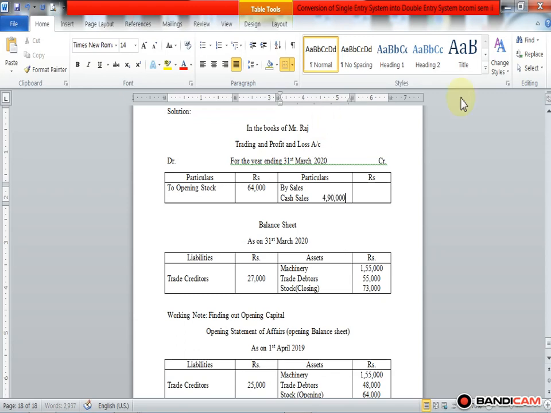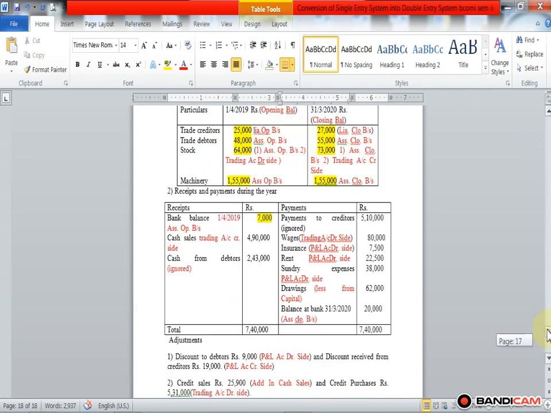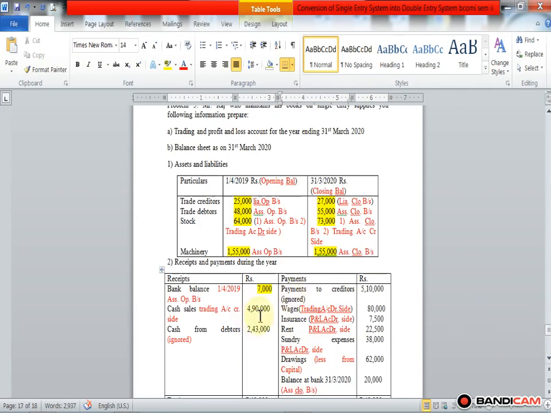So we transfer the cash sales to the trading account credit side. Then cash from debtors we ignore, because the effect is always given to the respective accounts. Now we read the payment side and transfer items. Payment to creditors is ignored because the effect is always given to the creditors account and cash account.